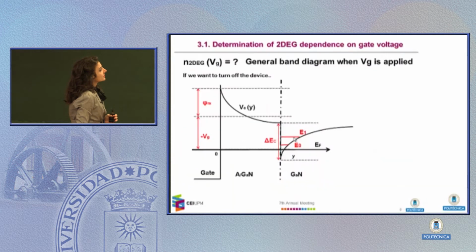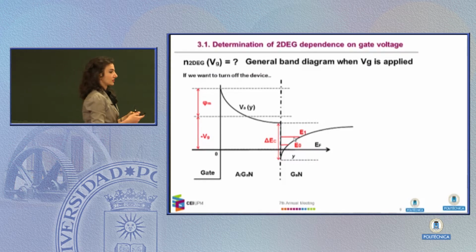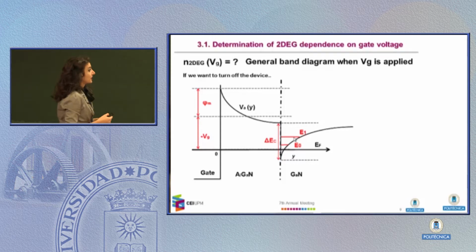So now, how does the band diagram look if we put a gate metal and apply some gate voltage? How do we turn off the device? We turn off the device by applying negative gate voltage, pushing the energy band diagram above the Fermi level, and placing both of these possible energy subbands for the electrons above the Fermi level.